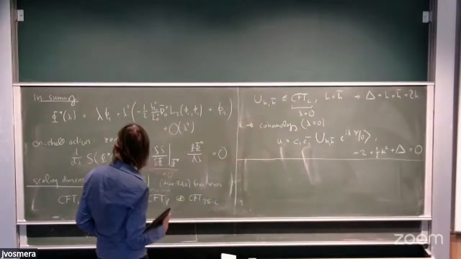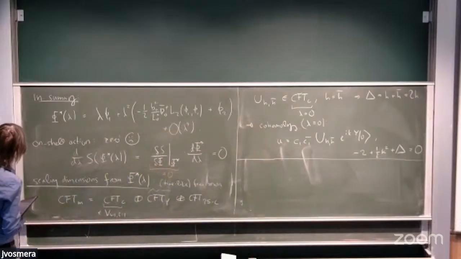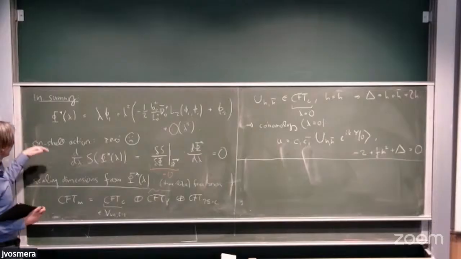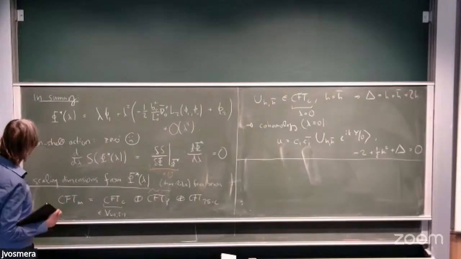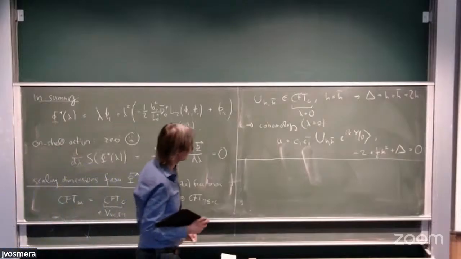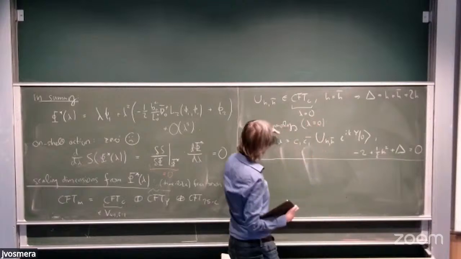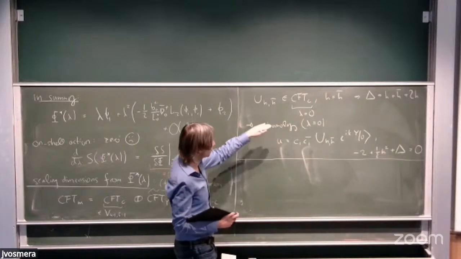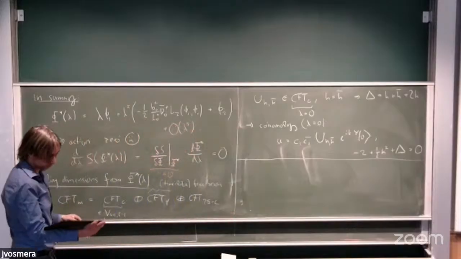As we were explaining at the end of the last lecture, one could construct an action around this classical solution by expanding in small fluctuations, and that procedure gives a shifted BRST charge, which is the kinetic operator around this shifted background. And then we can ask, can we construct a deformation of the state, which was at lambda equal to 0, so that it remains in the cohomology of the shifted BRST operator?